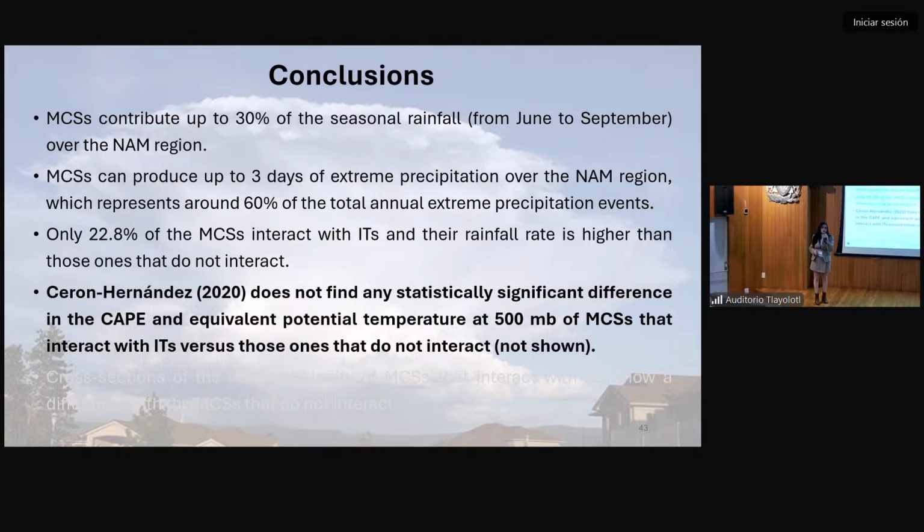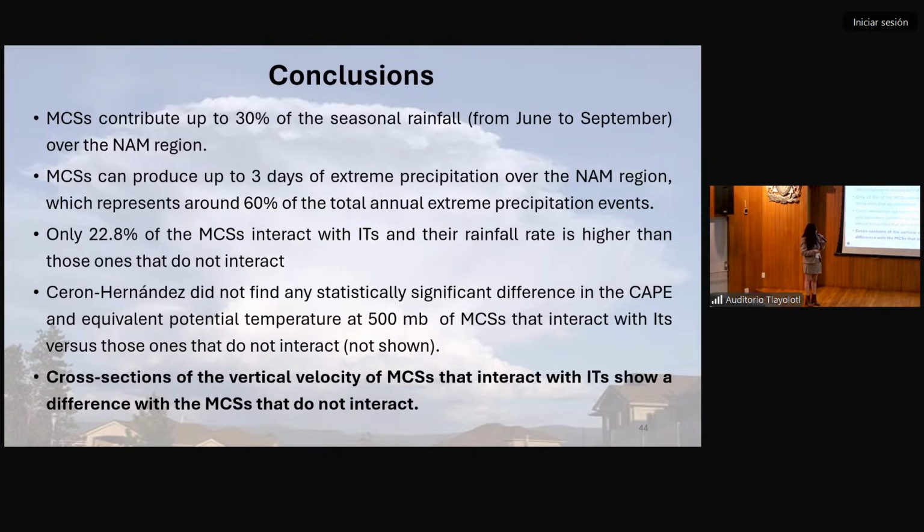We didn't get any statistically significant differences between the mesoscale convective systems that interact compared with those that do not interact. We only saw a small signal in the vertical velocity for the mesoscale convective systems that interact with inverted troughs compared with those that do not.